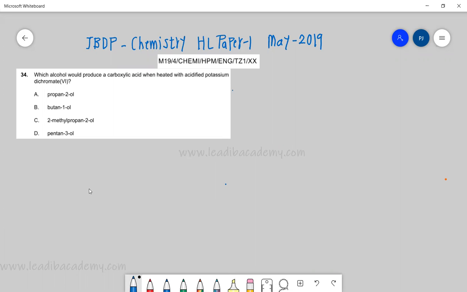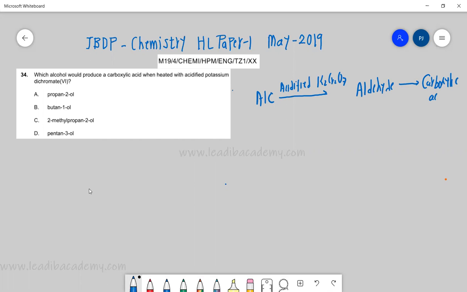When alcohols are getting oxidized with an acidified oxidizing agent like K2Cr2O7, first they will get to aldehydes and then further oxidation to carboxylic acid.